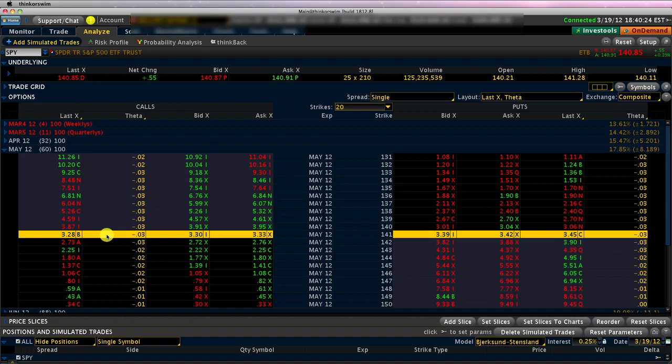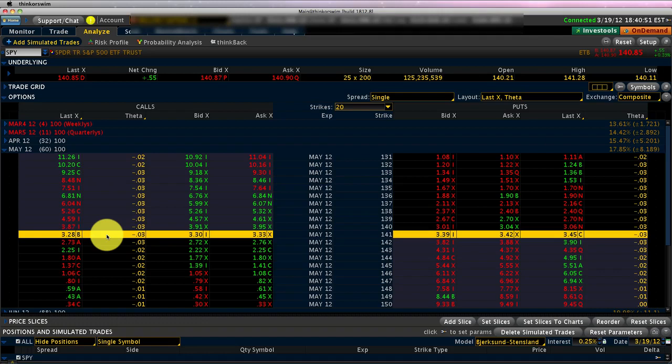Theta is always represented as a negative number because that value gets subtracted from the value of the option on a daily basis. So theta is always a negative number, and if you are a buyer of options, you have a negative theta position, and if you're a seller of options, you have a positive theta position.